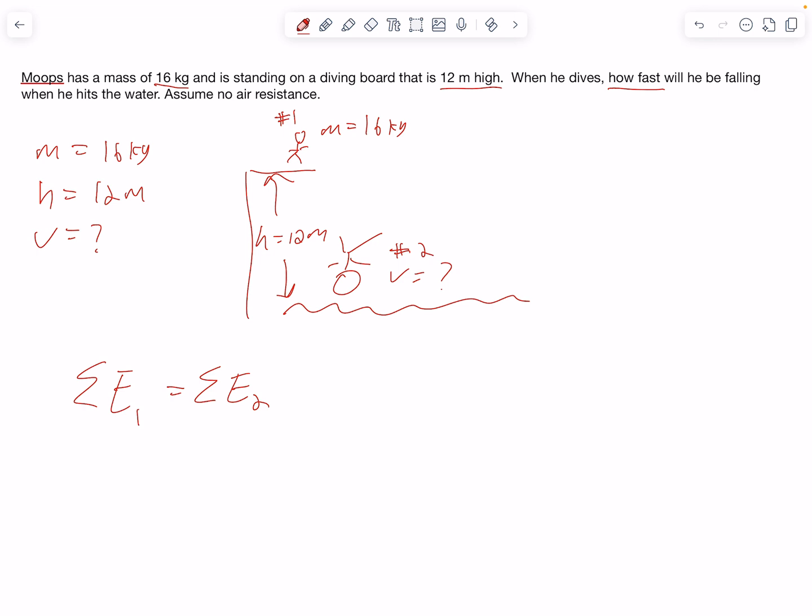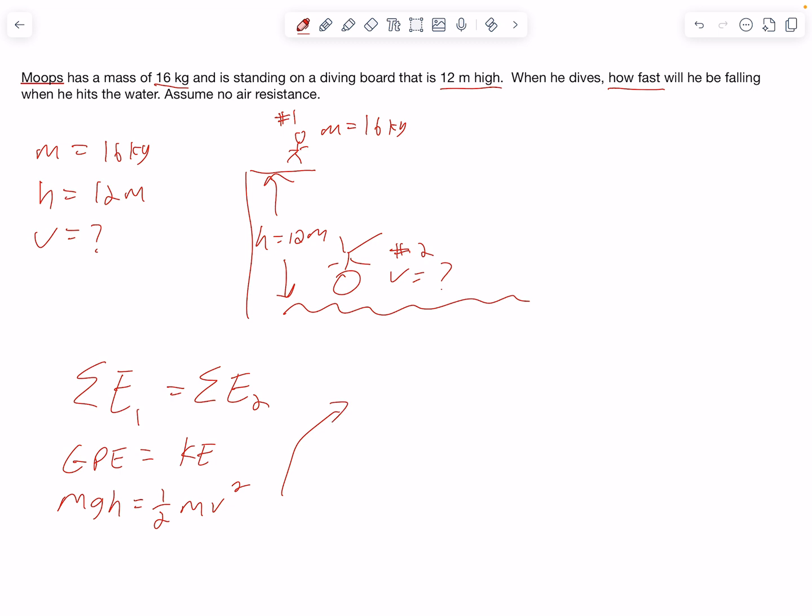Now I have to define what is the total energy at the top, at point 1. Because he has a height, he has a GPE. And at the bottom, he's moving, so he has kinetic energy. So I can rewrite this as this. Now I'm going to plug my numbers in.